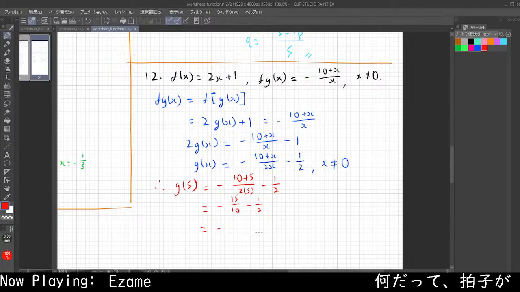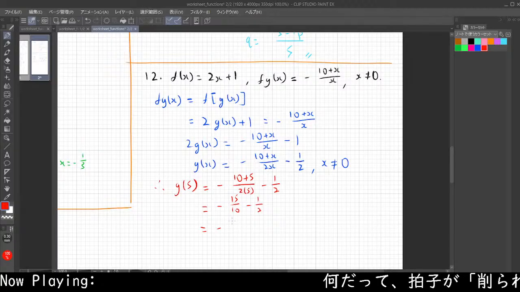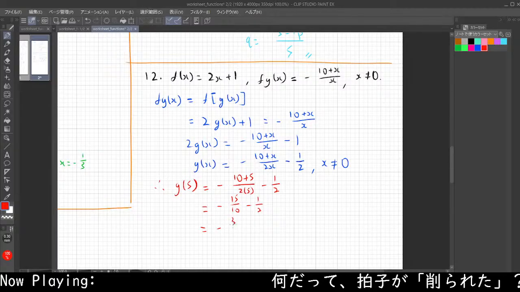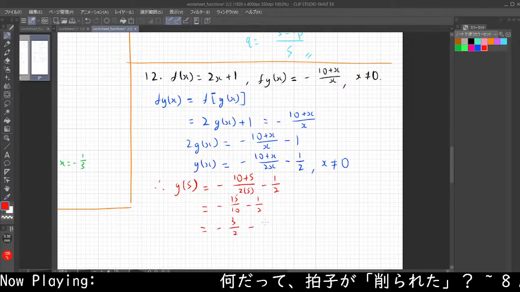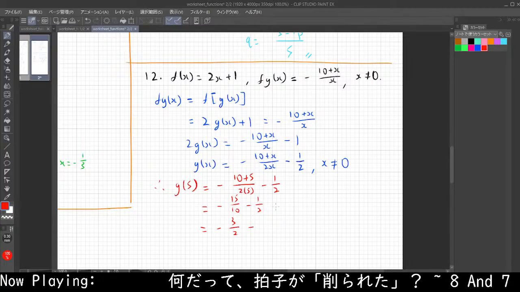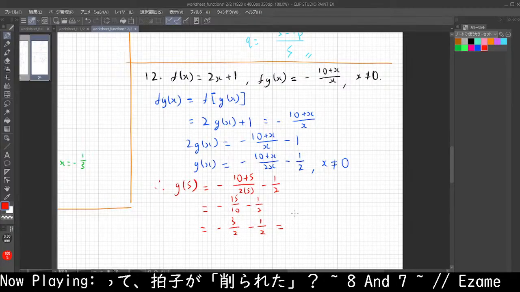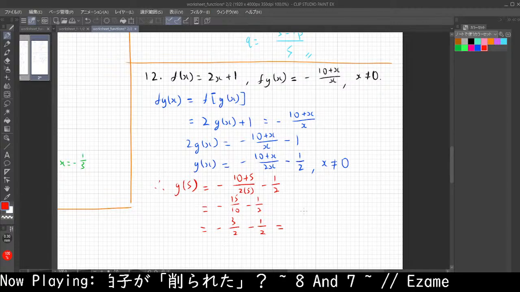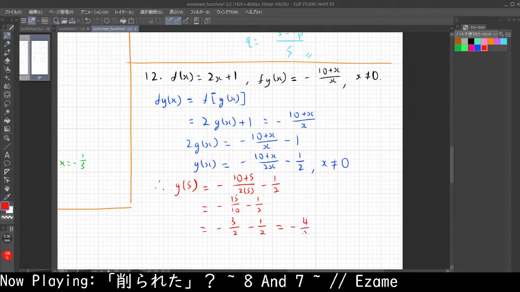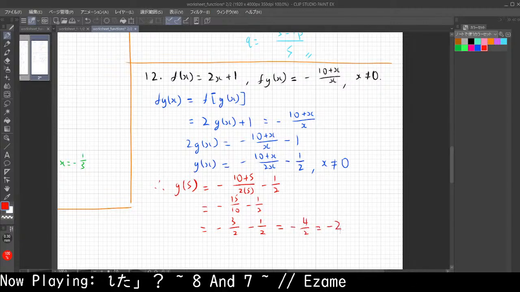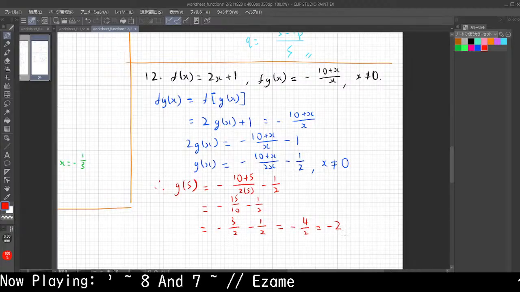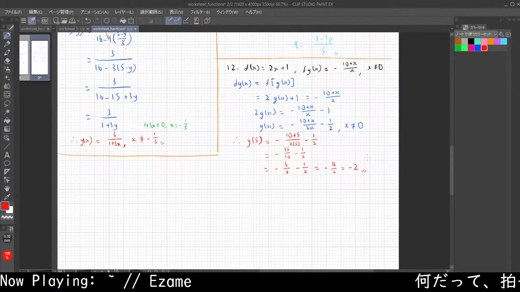You can simplify this, divided by 5 you get 3 over 2. Then 3 over 2 minus 1 over 2 gives 2 over 2, which is 1. Anything else you can do? This is the answer. Okay, continue.